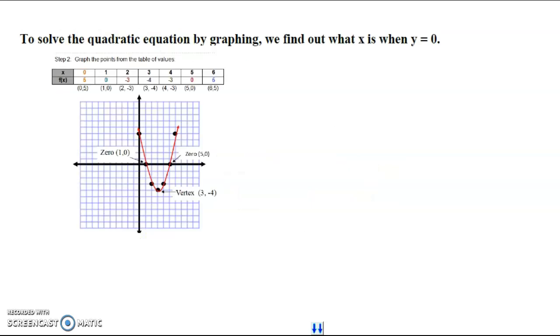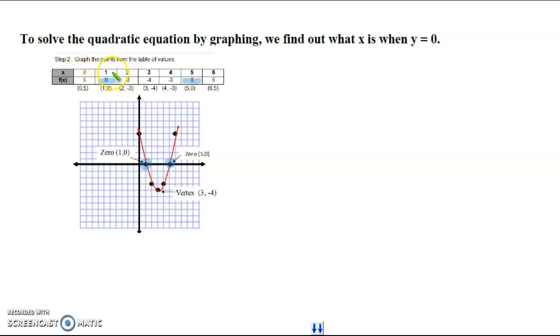To solve the quadratic equation by graphing, we find out what x is when y is equal to 0. And one way you could do that would be to graph it. And if we were to graph it, we can find that where y is 0 is here. And it's also here. So it's crossing at these two places right here and right here.